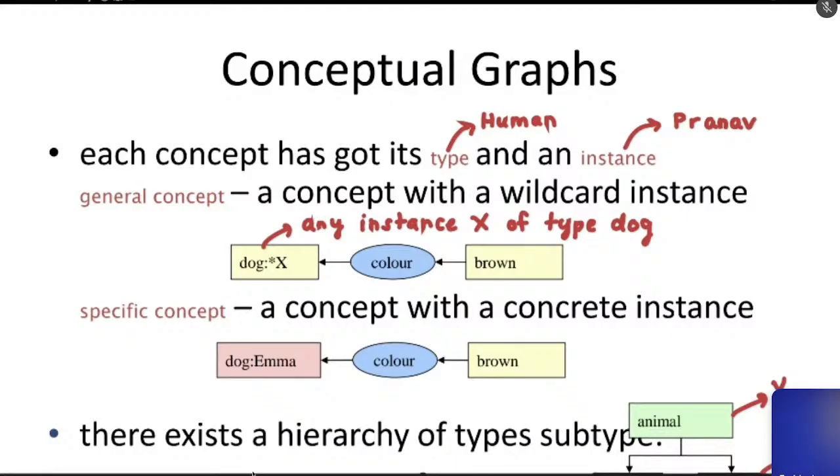Let me give an example of what a type and an instance are. Human can be a type, and an instance of a human being is, for example, Pranav. It's a specific instance of human.